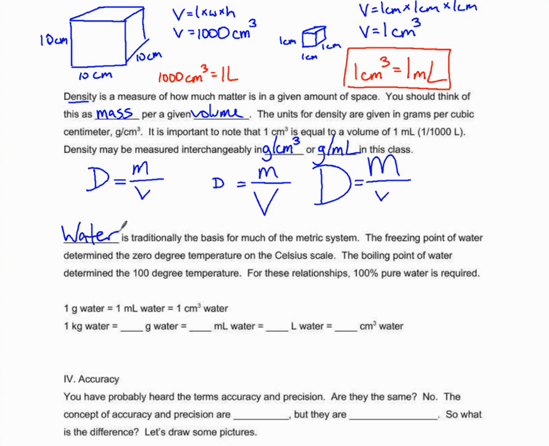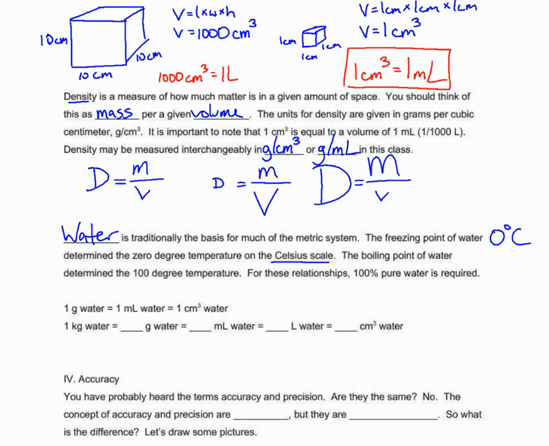A lot of the SI system is based on water. So the old temperature, or it's still in use, but not the scientific version, on the Celsius scale. The freezing point of water is how they determined 0 degrees Celsius.